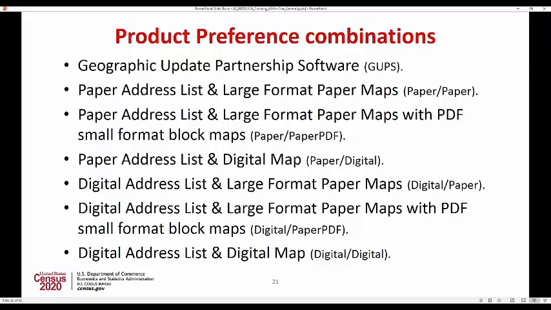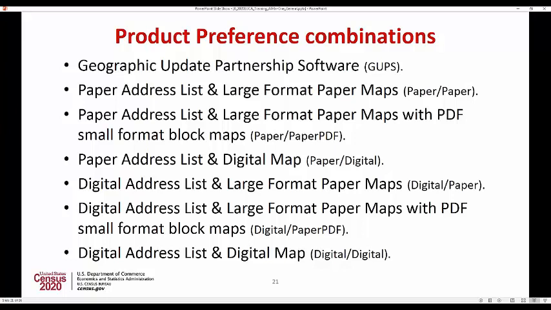Hope I'm not putting you to sleep too bad, but now we have the product preference combinations, and there are 7 product preference combinations, and each individual entity will have to decide what they're capable of doing.